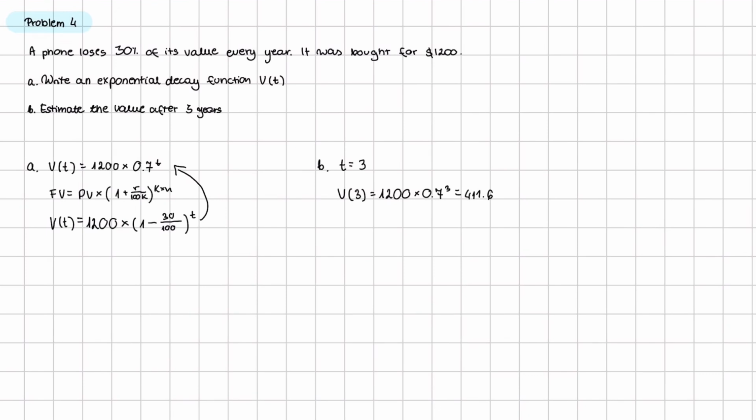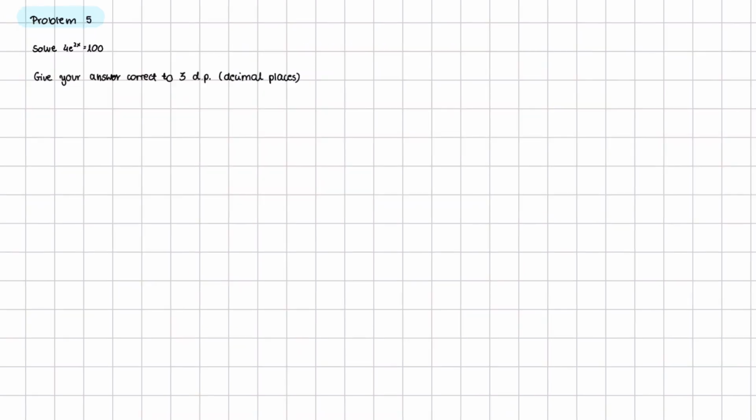So it is 411.6, and if we want to round it to 3 significant figures, it is 412.